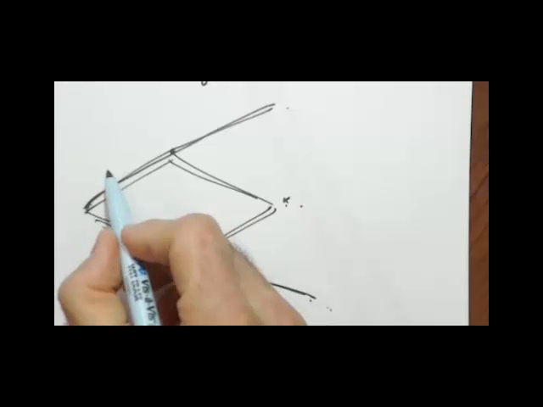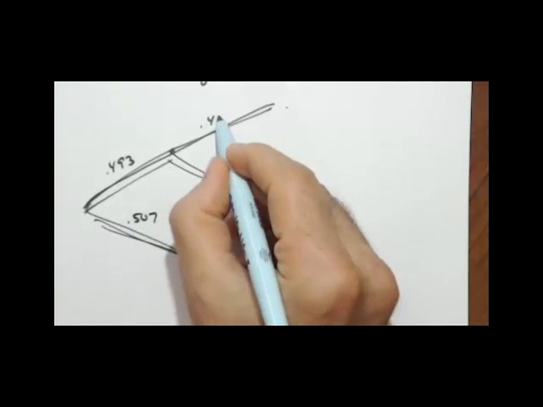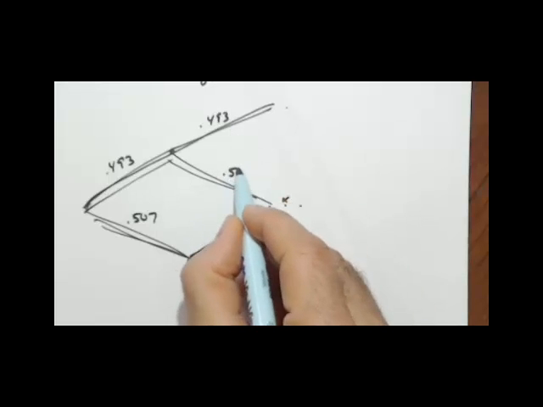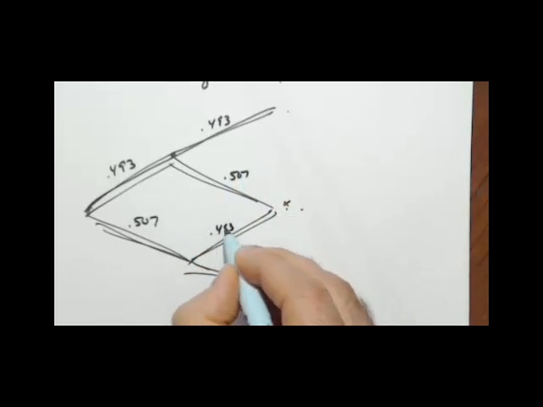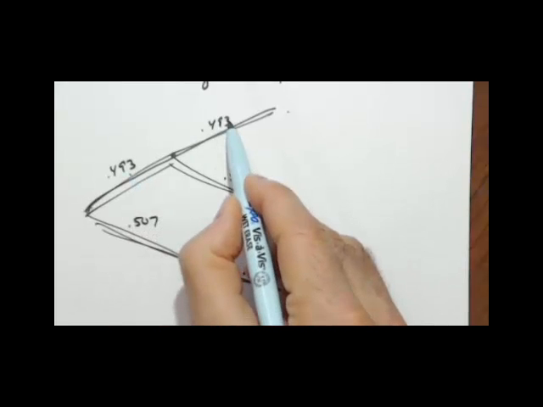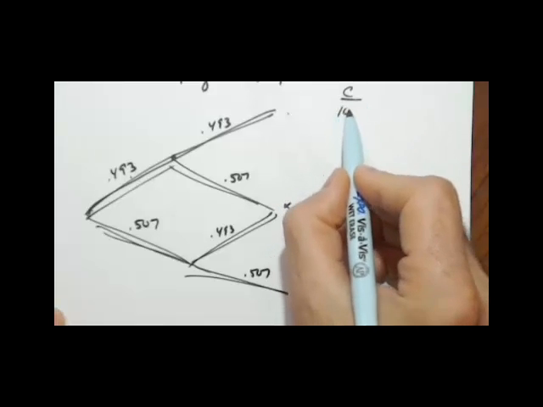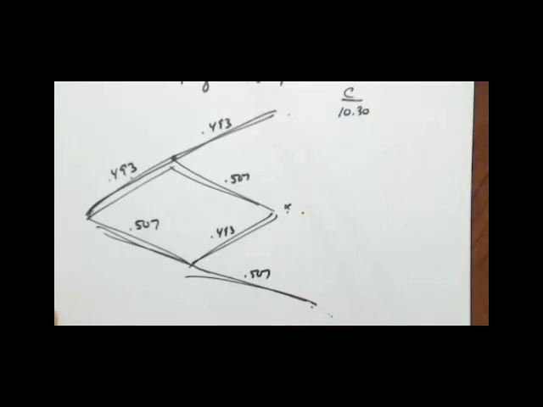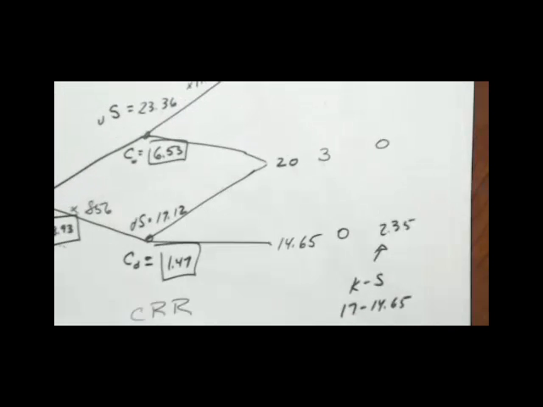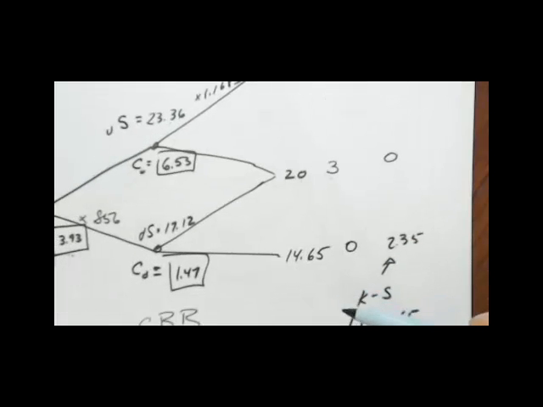So the probability of going up is 0.493. Probability of going down is 0.507. Multiply these together times the payoff for the call that we determined. So go back to the original sheet here, and the payoffs were 10.33 and 0 for the option.